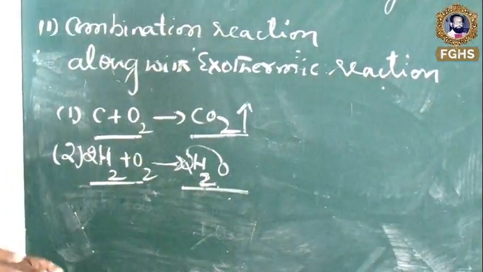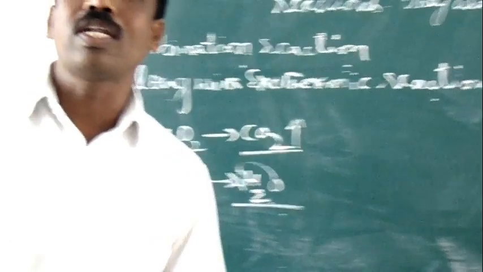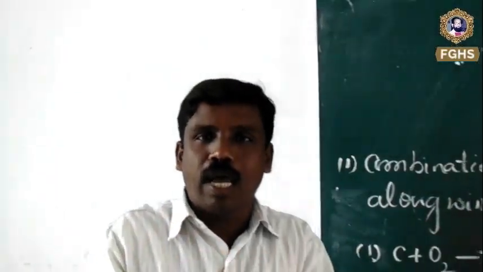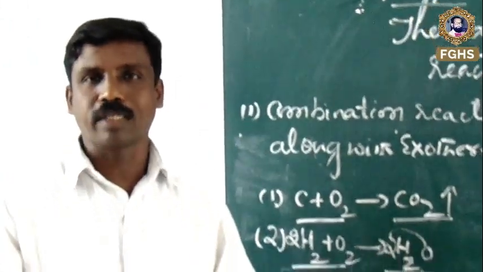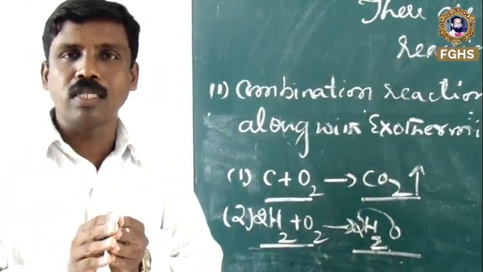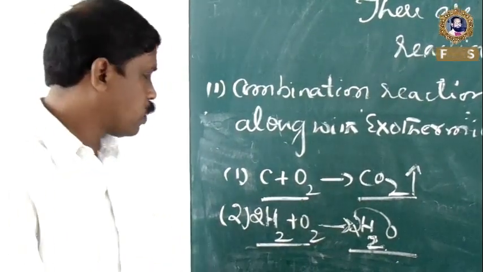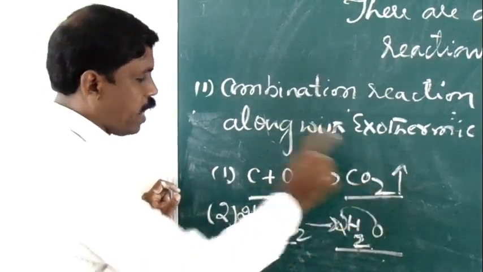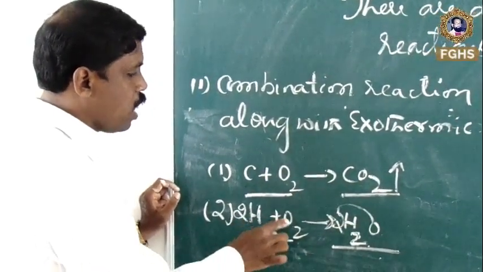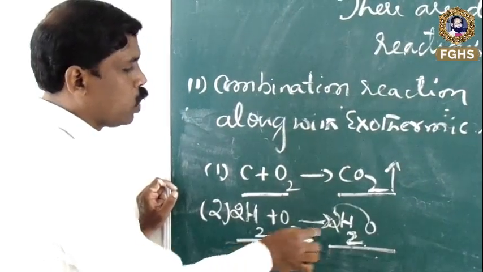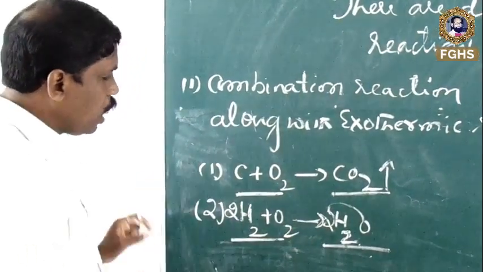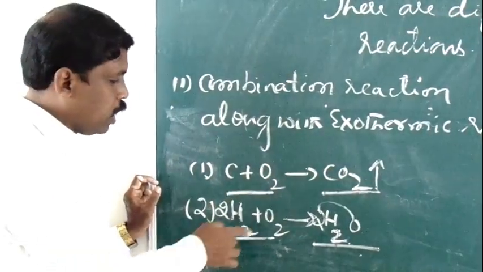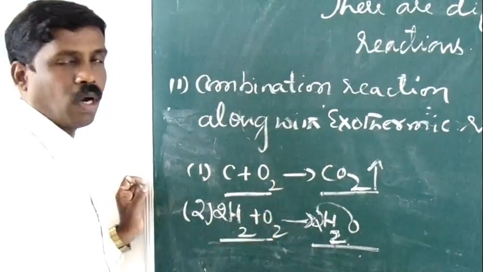So from this, we can understand that a combination reaction is nothing but the combination of two reactants to give one product. Here, carbon reacts with oxygen to give carbon dioxide. Here, hydrogen reacts with oxygen to give water. In both cases, two reactants are involved to give one product.